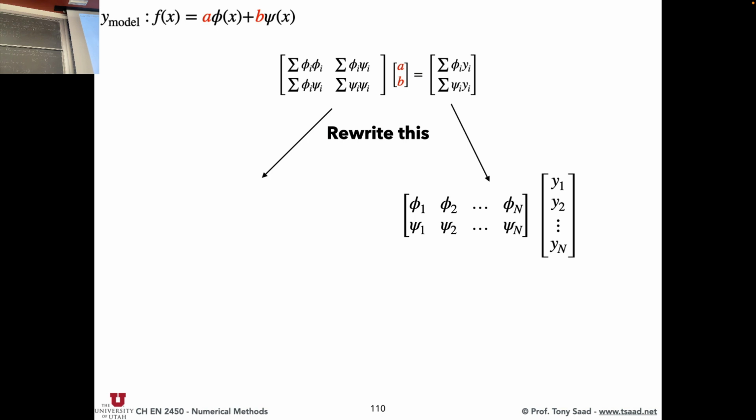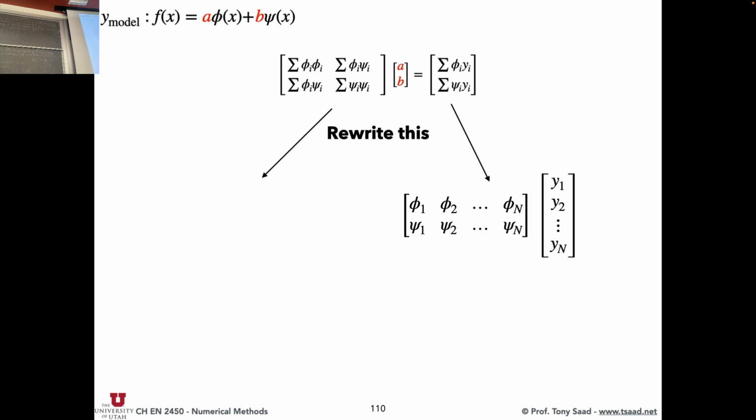This matrix is a 2 by n matrix, so it has 2 rows and n columns. On the first row, you have phi 1, phi 2, all the way to phi n. What do we mean by phi 1? It's phi at x1. Phi 2 is phi at x2. Phi 3 is phi at x3, and so on, like our notation that we adopted. Same thing for psi 1 to psi n. It's psi evaluated at x1, which is the first data point. Psi 2, psi at x2, and so on.